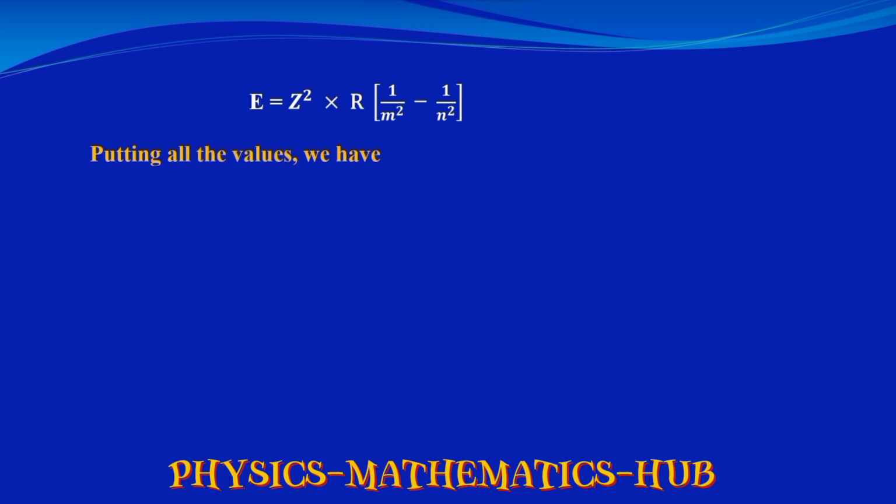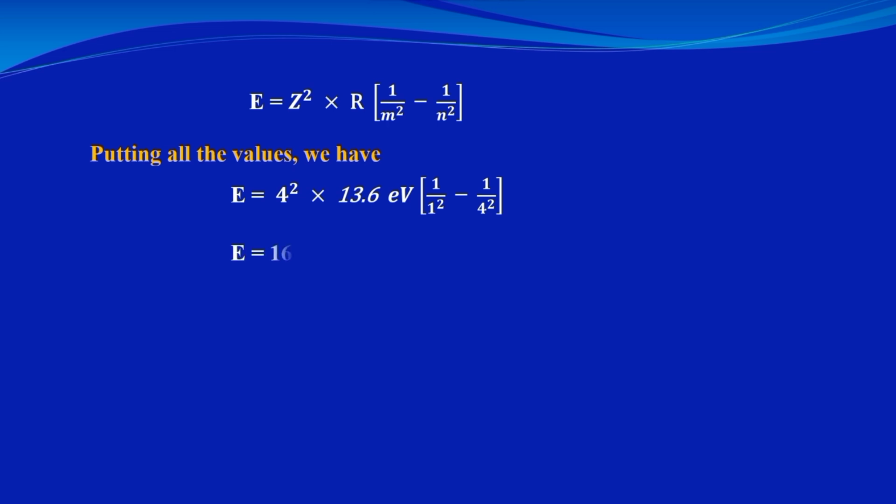Plugging all the values, we get E = 4² × 13.6 electron volt × (1/1² − 1/4²). Or we can write this as 16 × 13.6 electron volt × (1/1 − 1/16).